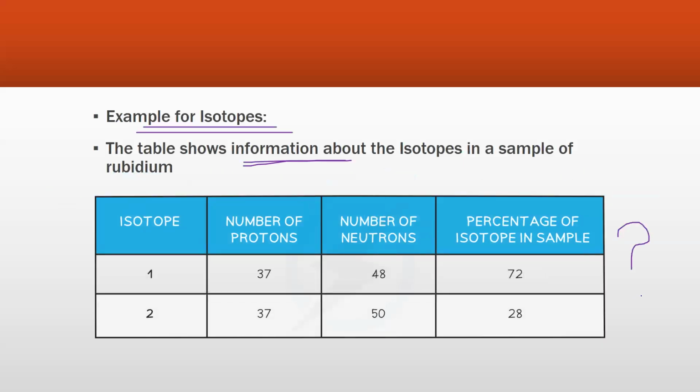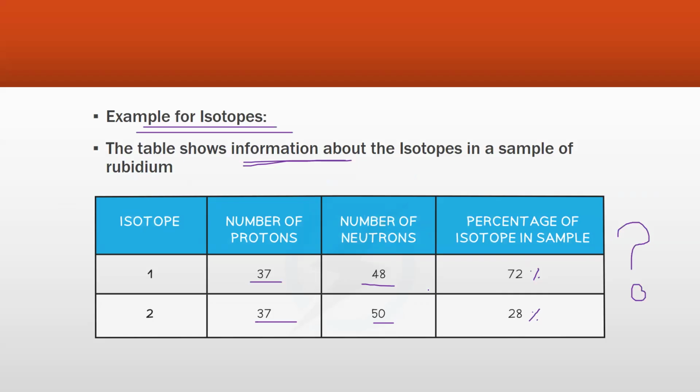Tell me, इधर हम relative atomic mass कैसे निकालेंगे? Quick. Percentages आपको दी हुई हैं, ठीक है? And you are given the number of protons and neutrons. What should I do? Add them.